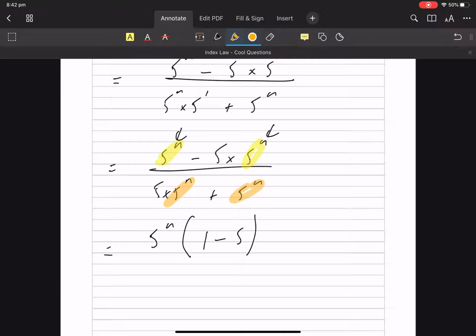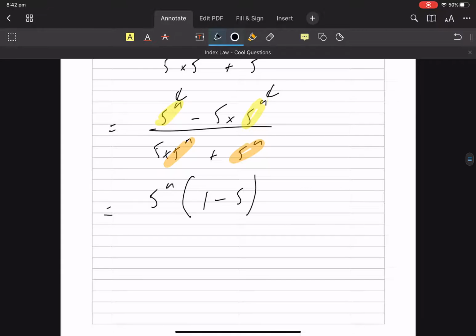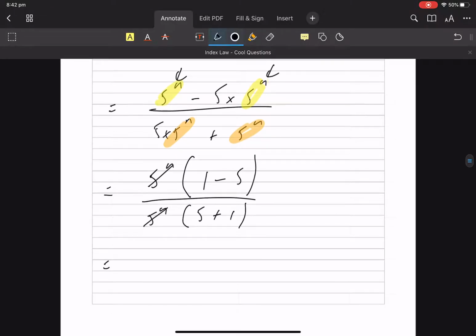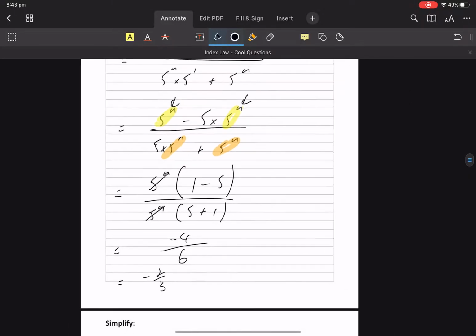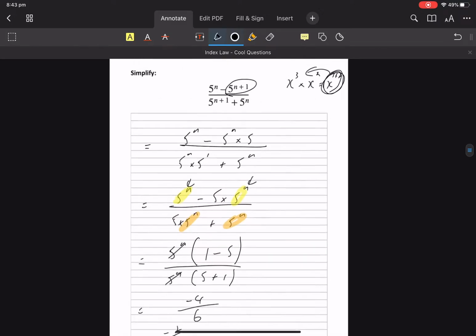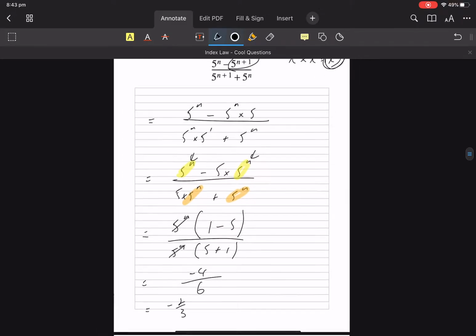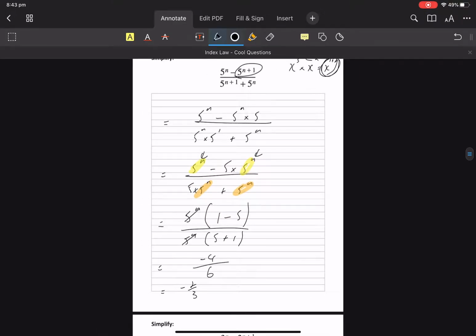On the bottom, I've got 5 to the n common to the two terms, so let's say 5 to the n outside of 5 plus 1. Guess what? The 5 to the n cancel. 1 minus 5 is minus 4. 5 plus 1 is 6. There we go, all on one page.